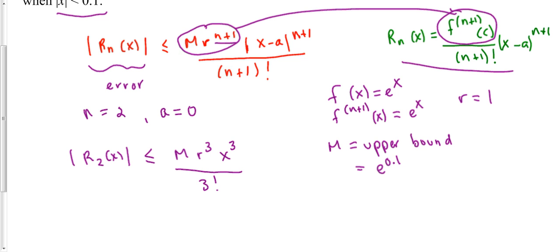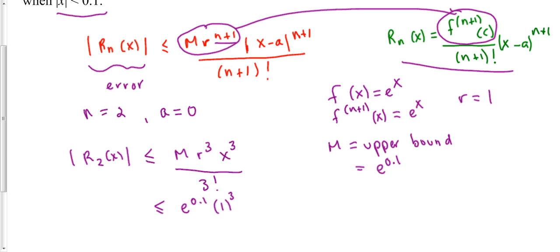And now we can just substitute in the values that we've been talking about. So M is going to be e to the 0.1, r is going to be 1, and x, well, we're looking for an upper bound to the error, and the greatest value that x can have is 0.1.